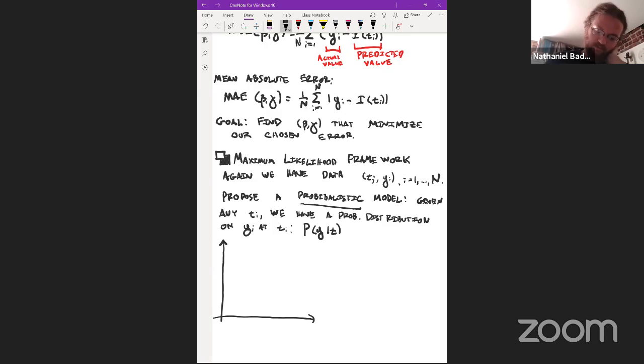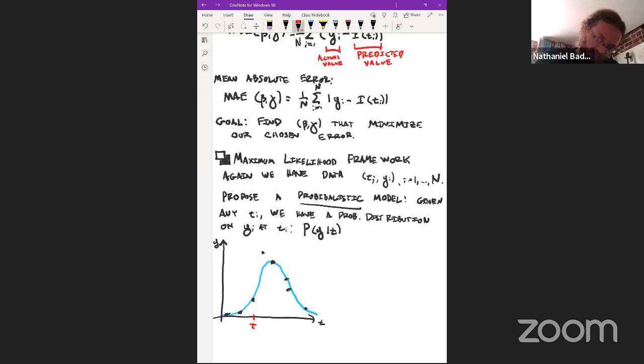So here we have our t, here we have our y. We have some data points. Our model now is going to be a little bit more complicated. We don't really have this line. Really what we have is, at each point, a little probability distribution, right?